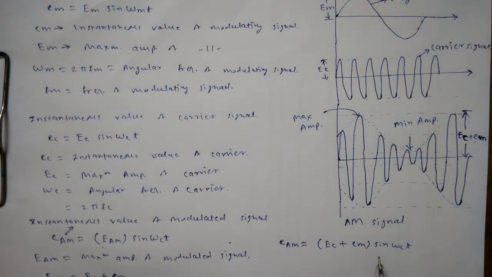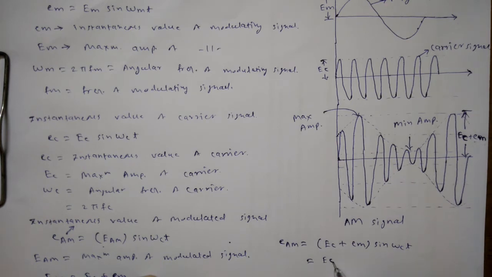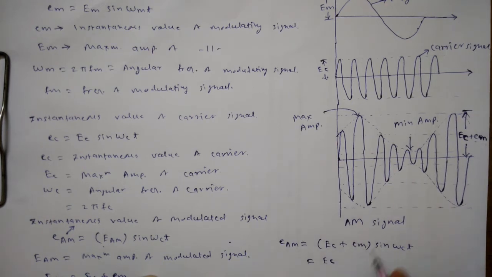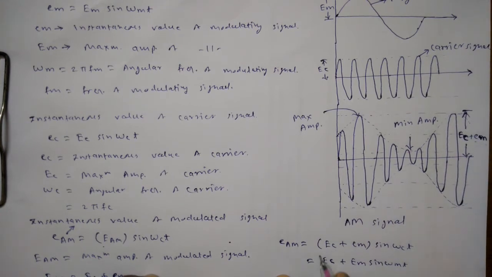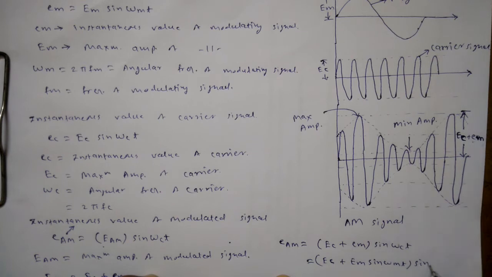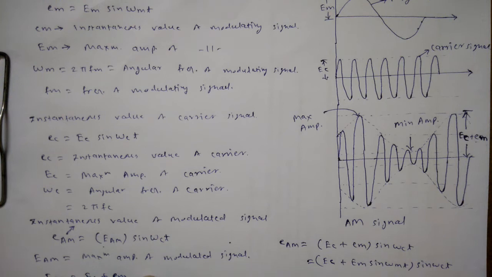Further solving, I get the equation like EC, now instead of em I am writing the above equation, plus EM sine omega m t, bracket completed, and now sine omega c t. Further we can go and solve this, and we will get the equation in its final form.